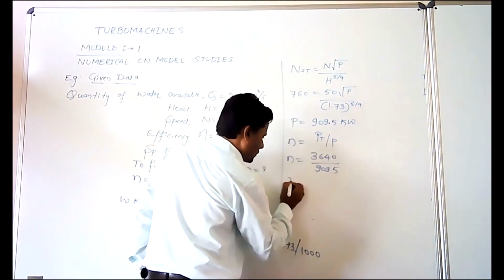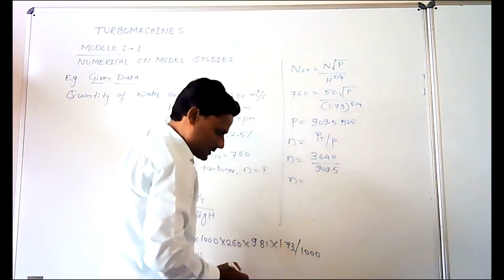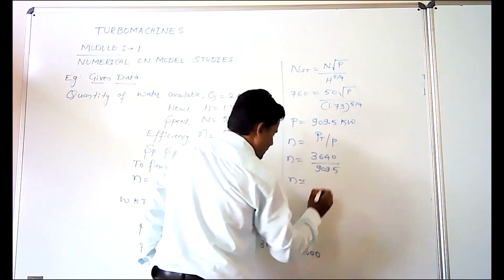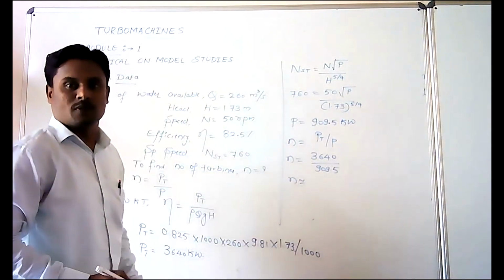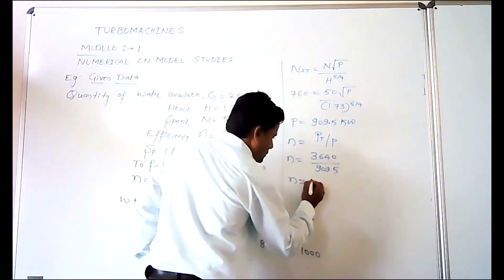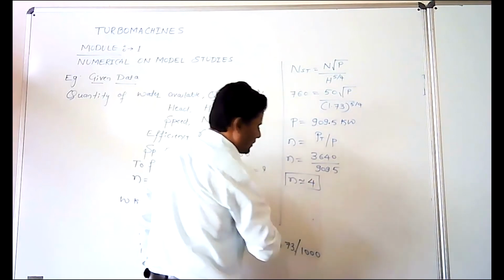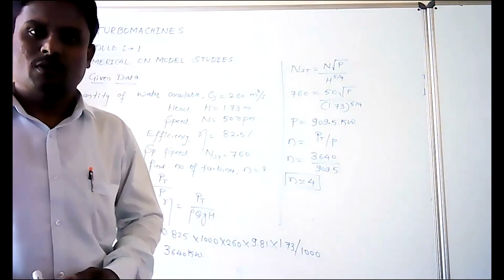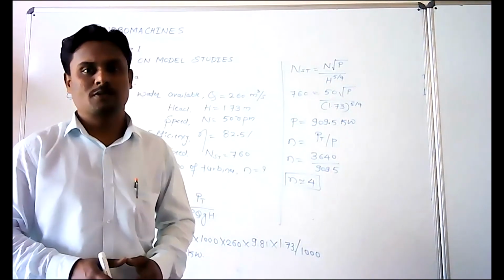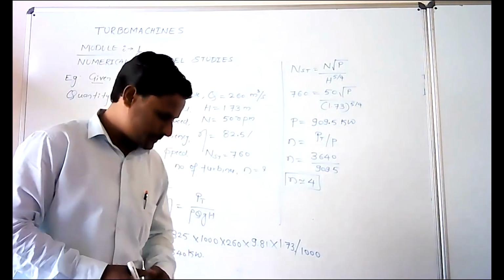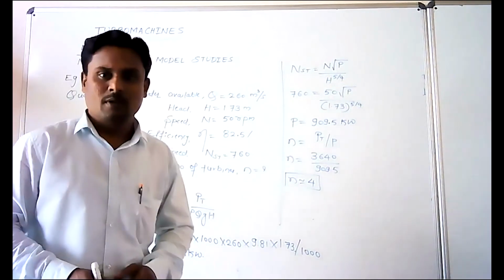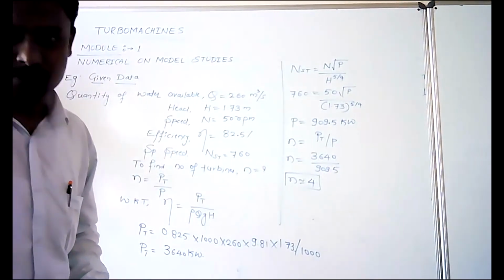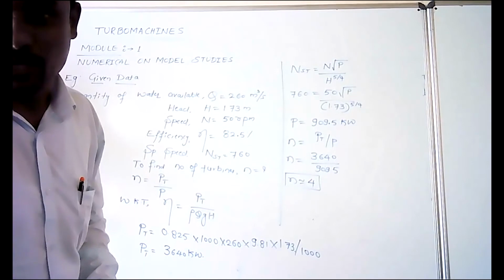Rounding to the next digit, the number of rotors required is 4. So in this hydel power station, we require 4 rotors or 4 turbines. This completes the problem, a very simple problem asked in 2015 for 5 marks. Let's go to the next important problem.